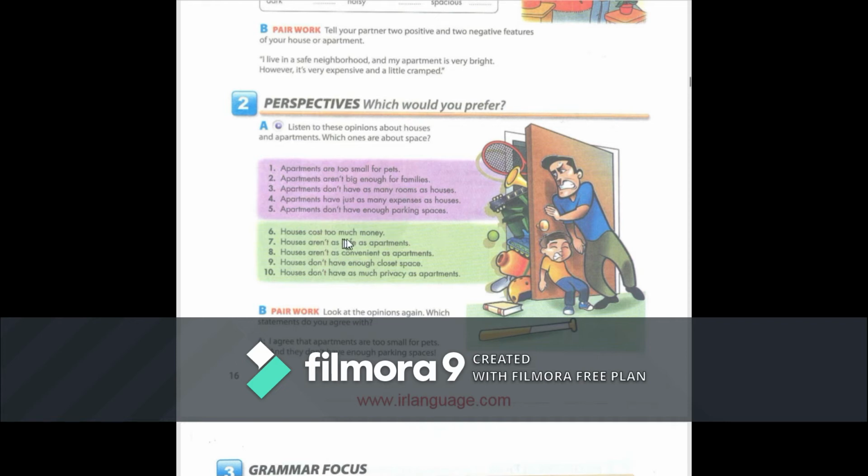Houses cost too much money. Yeah, obviously that's true, it costs too much money. And in my opinion, yeah, houses aren't as safe as apartments. I agree with this opinion because I don't feel it's safe when you live in a big house by yourself.